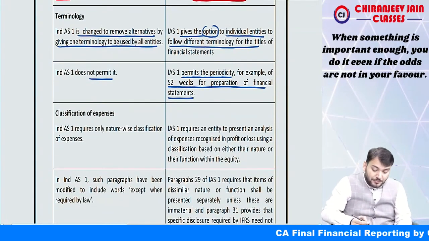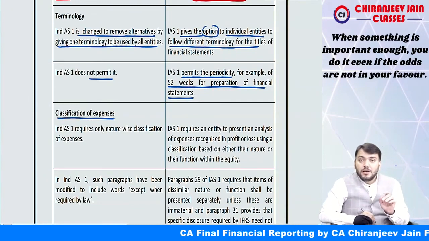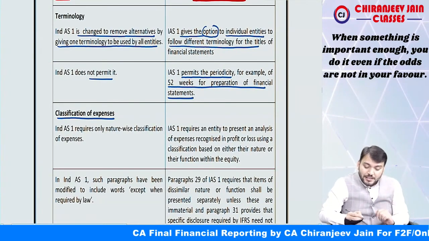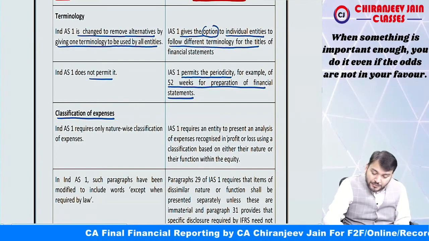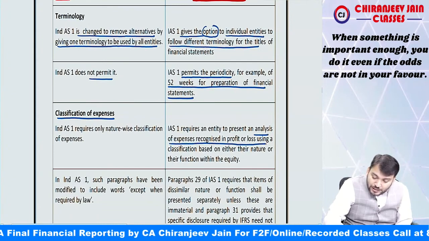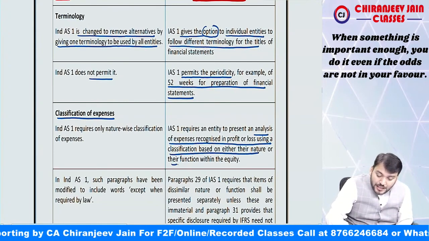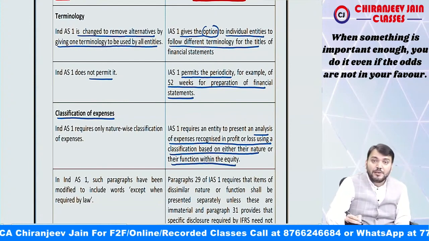Understood? Yes, sir. Then classification of expense, this is very important. Under IAS 1, what they said is that IAS 1 requires analysis of expenses recognized in PL using a classification based on either their nature or their function within the entity.